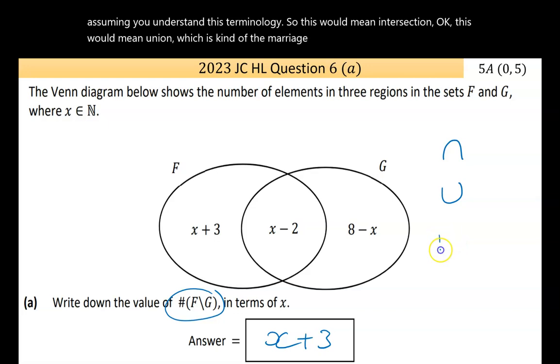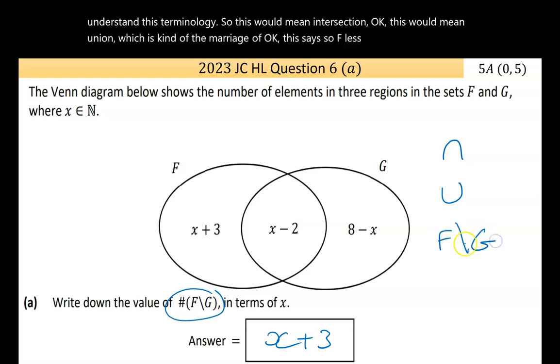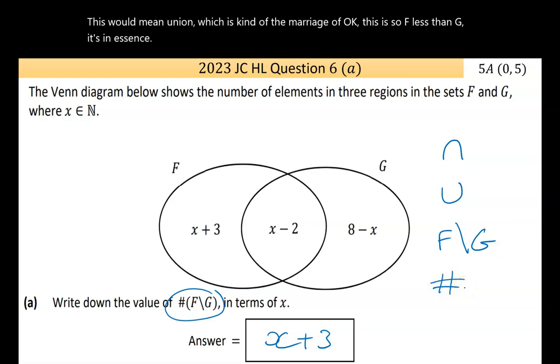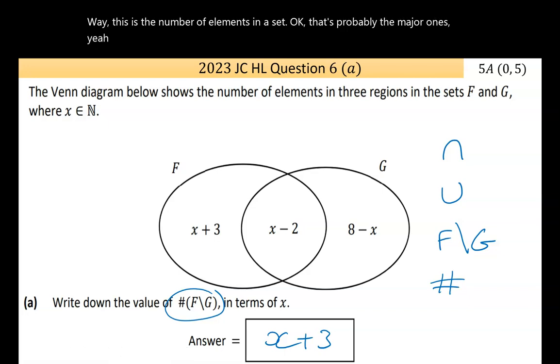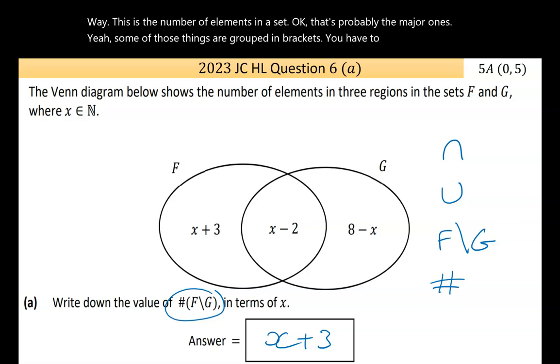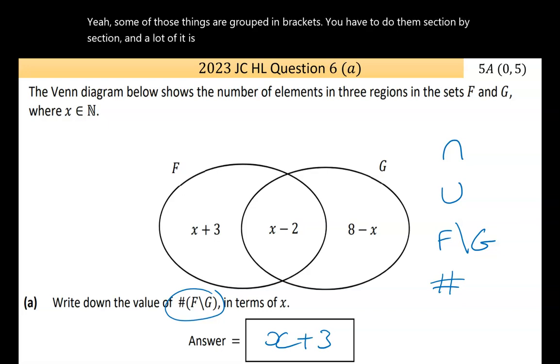This says F less G, which is in essence take away. This is the number of elements in a set. And that's probably the major ones. Some of these things are grouped in brackets, and you have to do them section by section, and a lot of it is in your head, which is why it can be very challenging.